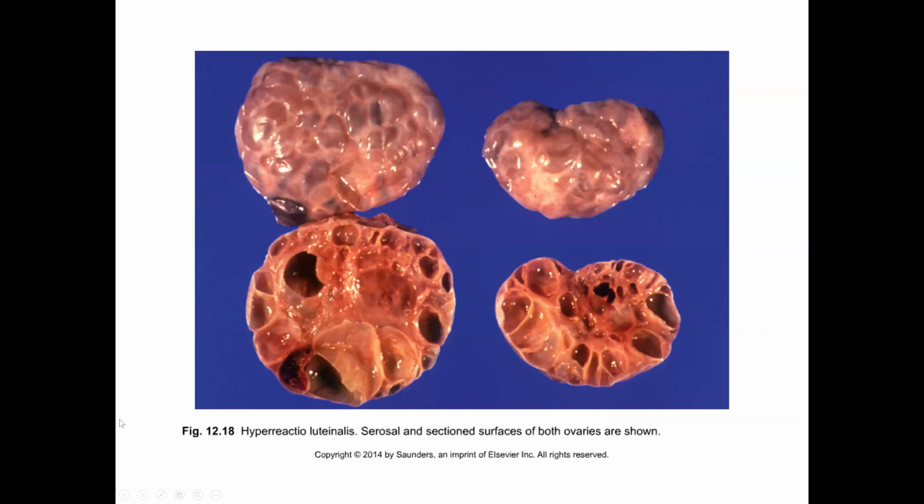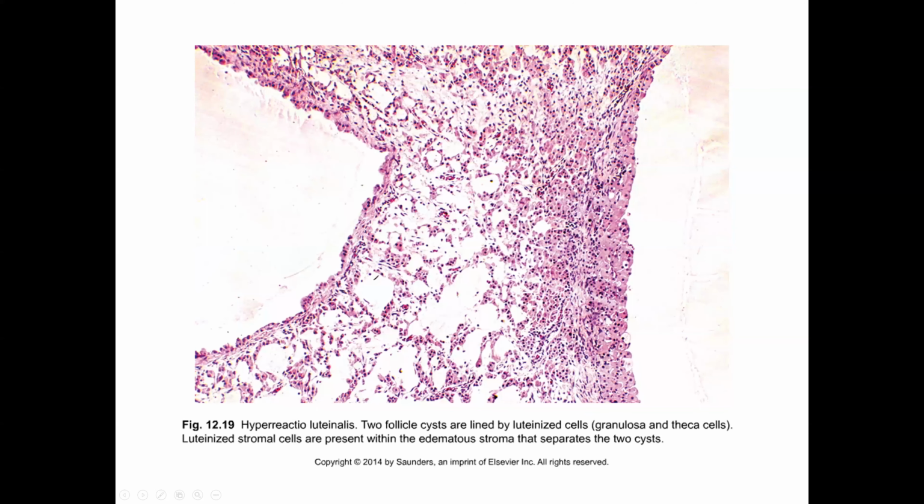And this is an example of hyperreactio luteinalis, showing one ovary here on one side and the other ovary. Both ovaries show pronounced cystic changes with luteinized changes evident under the microscope, as we see here. Lots of luteinized cells within the stroma as well as in and around lining these follicles.